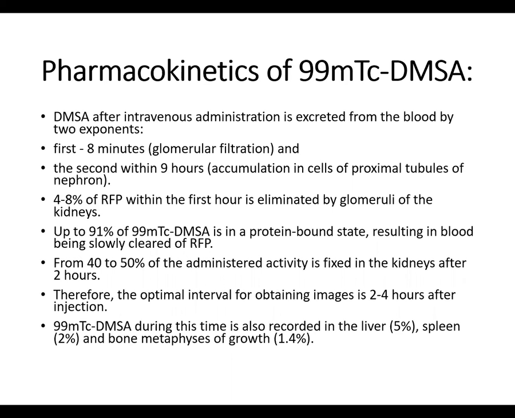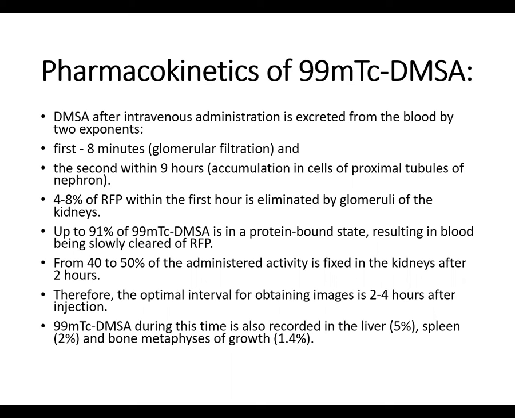Approximately 4 to 8% of radiopharmaceutical within the first hour is eliminated by glomeruli of the kidneys. Up to 91% of the radiopharmaceutical is in protein-bound state, resulting in blood being slowly cleared of radiopharmaceutical.